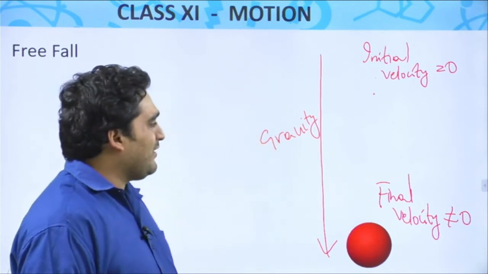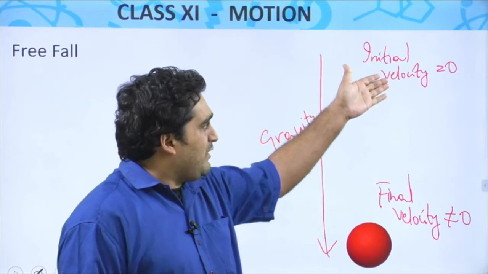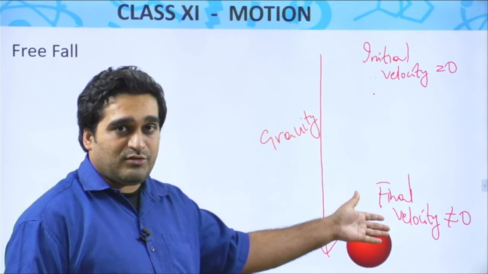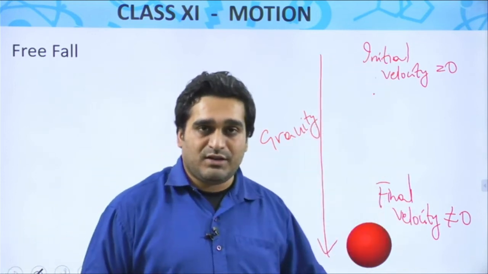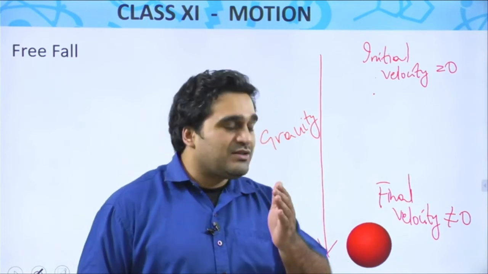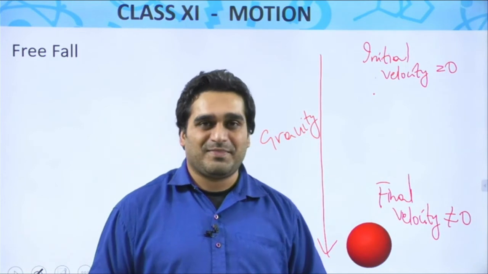Okay? So now we have seen the initial velocity of the ball is 0, but the final velocity of the ball is not equal to 0. So there's a change in velocity. And whenever there's a change in velocity, the rate at which the velocity changes is what is called acceleration.